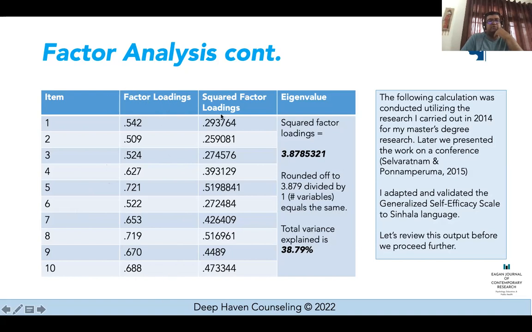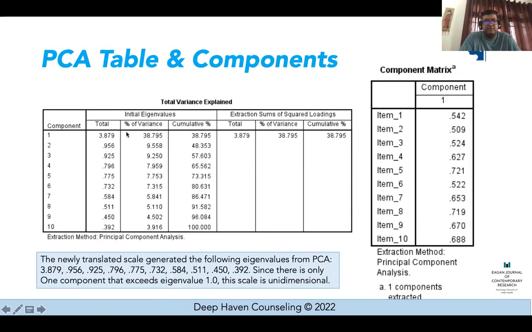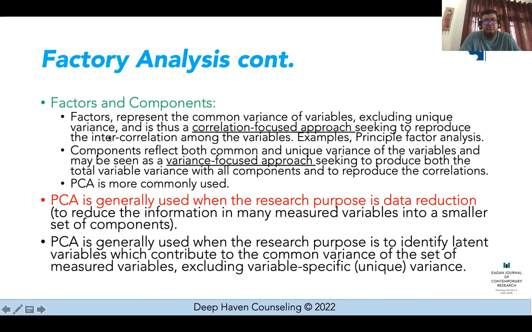And so you square all of these factor loadings. See, 0.542, you square it, the answer would be 0.293764. And then likewise, if you do it for all the 10 items, the total squared factor loadings would be 3.8785321, which is pretty much the same thing that we got in this one, 3.879.